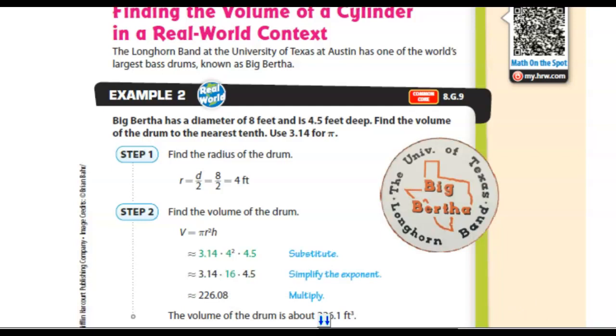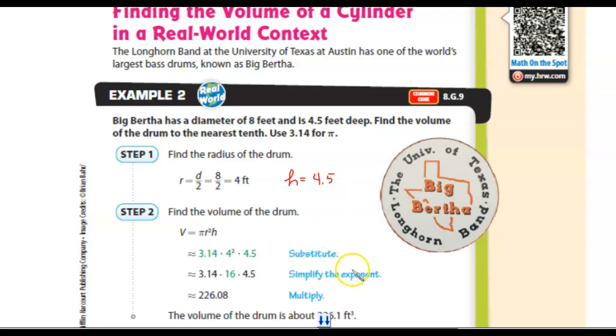So the first thing we're going to do is find our radius, and we know that the diameter is 8. So divide 8 by 2 and we get 4 feet. So this is my radius. We know that it is 4.5 feet deep, and so the height of my cylinder is 4.5.